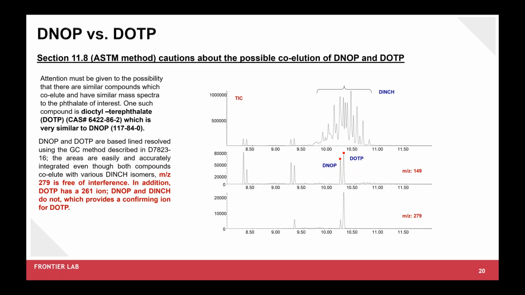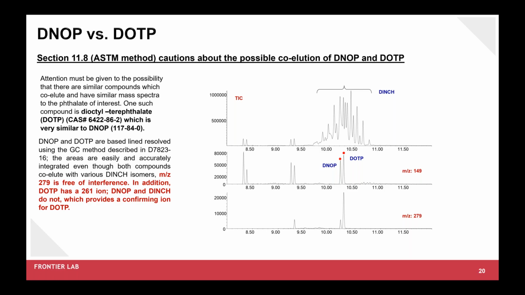As we learned, individual phthalates are identified using both retention and mass spectral data. However, attention must be given to the possibility that there are similar compounds which co-load and have similar mass spectra to the phthalate of interest. One such compound is DOTP, which is very similar to DNOP.